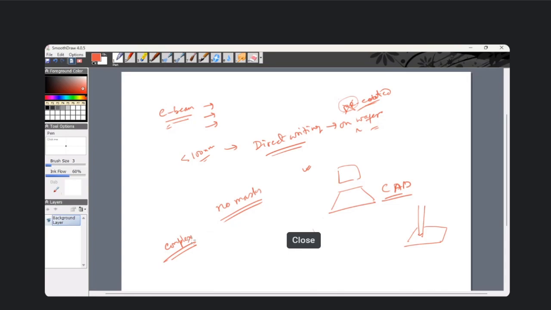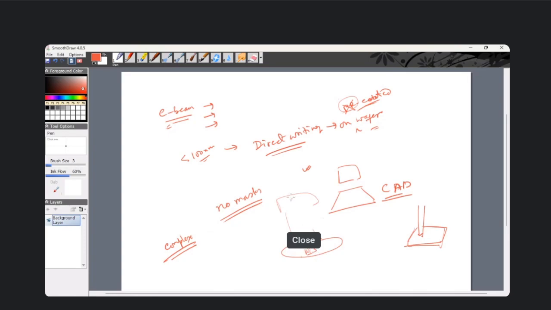Because when you are using an electron beam, you cannot write on the entire die at a time. It is not a one-shot system as we have seen in optical lithography. In optical lithography, with respect to a single mask, we can write on the entire wafer at a time, or at least on a die at a time.